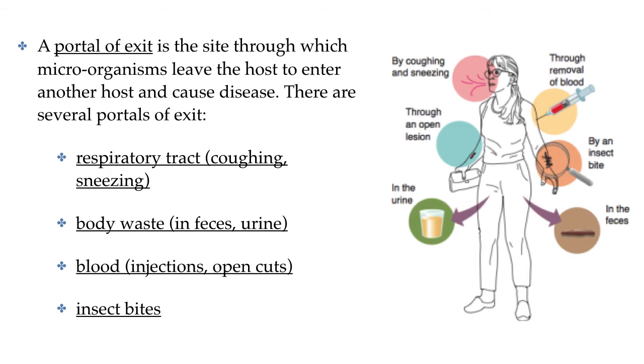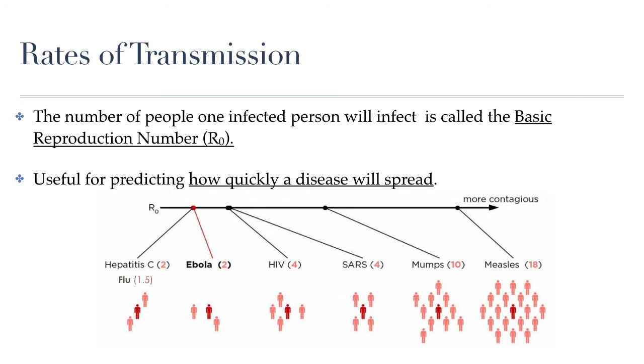So next, we're going to just talk a little bit about what can determine how fast a disease can spread. And one thing that you might have heard about is something called the R naught number. The R naught, or basic reproduction number, is an epidemiology data point that is used to basically predict how quickly a disease will spread in a population.